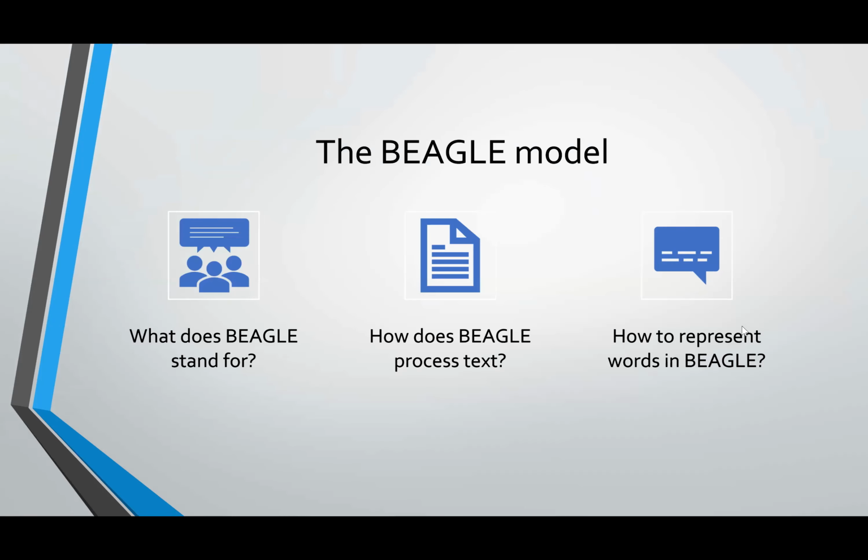We have the BEAGLE model here. BEAGLE stands for Bound Encoding of the Aggregate Language Environment. The model analyzes and processes a large amount of text, sentence by sentence. Each word is assigned a representation, and this representation evolves based on the words that often appear together with it.